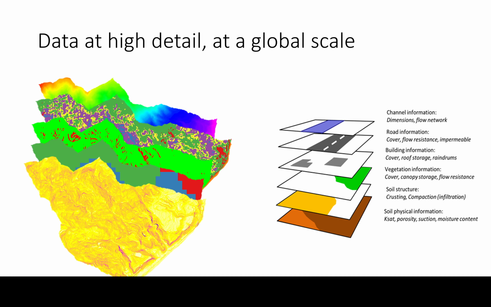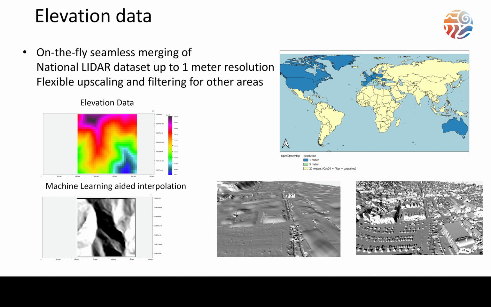Now the same is true for some other data sets like channel information or things like urban and stormwater drainage or the infiltration capacities that the soil has. But typically we see most sensitivity and quality to the elevation data set. Now, for some of these, like elevation, we're able to merge in seamlessly high quality, high resolution data sets that are available at a national level.